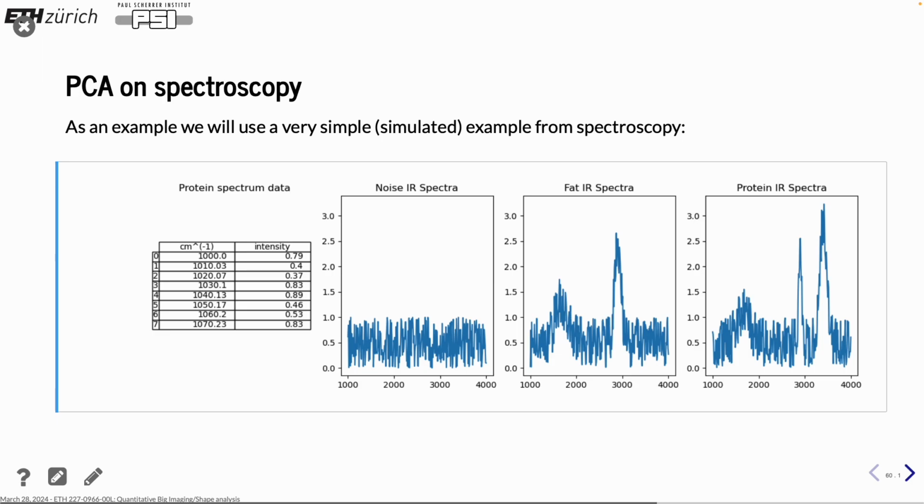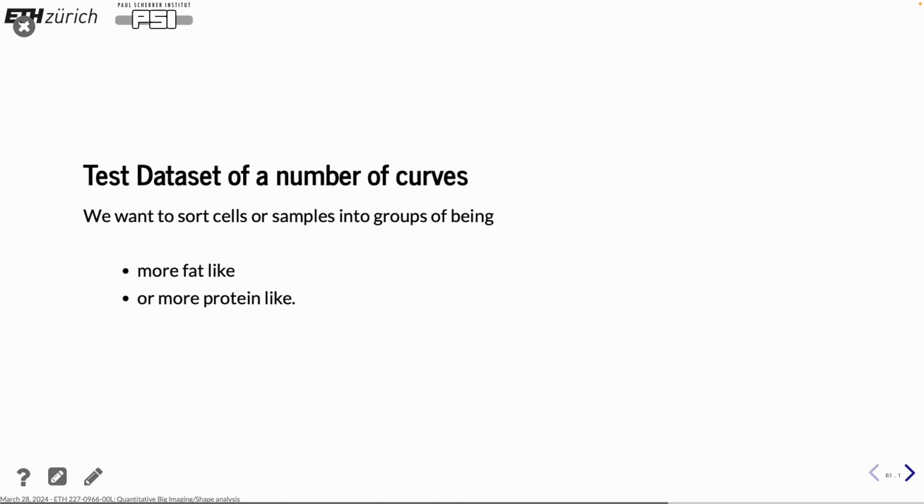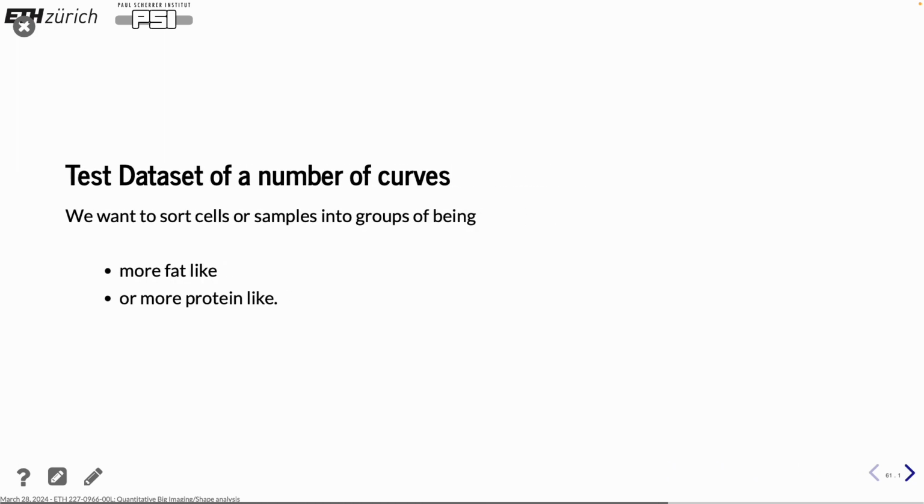This is just made up, so it's not real data, but we have three types of spectra. One is just noise, the next one is for fat, and the other one is for protein. You can see that the fat and the protein are almost the same, but in the protein there is another peak. When we try to plot these together, it's not so easy.